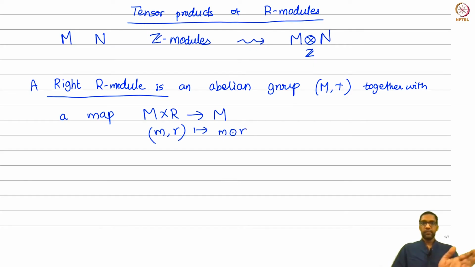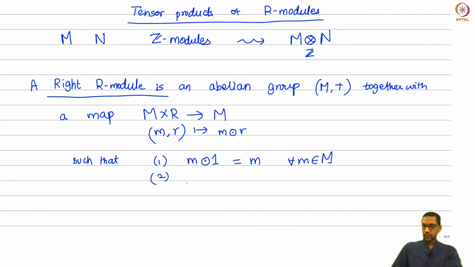You think of this as multiplying on the right, satisfying the following axioms. M acted upon by 1 on the right gives you M. M acted upon by r1 r2 gives you m r1 followed by r2.